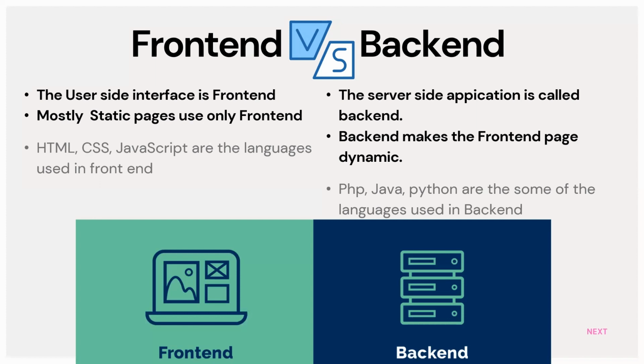The backend tools are programming languages such as Java, Python, PHP, etc. Some of the databases are MySQL, MongoDB, servers like Apache and IIS, frameworks like Express.js, and we also use APIs.